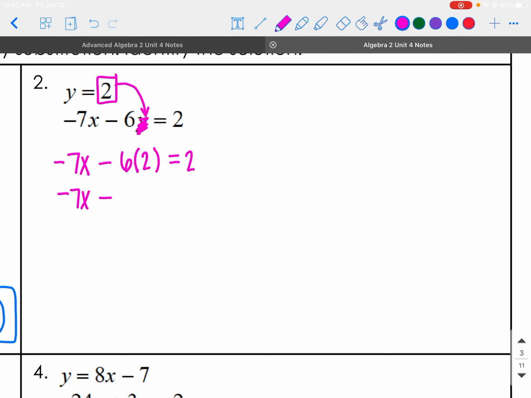This is -7x minus 12 equals 2. Then we want to add 12 to both sides. That gives me -7x equals 14.